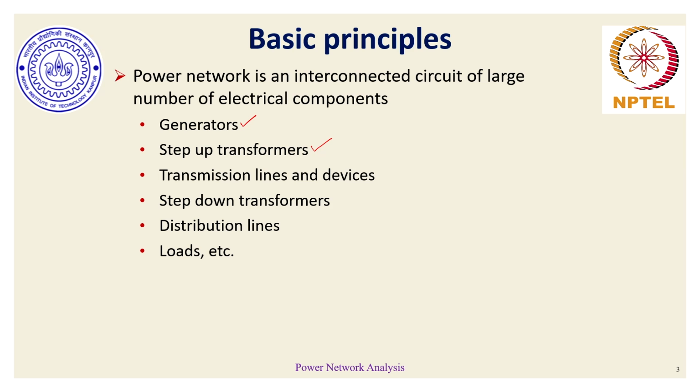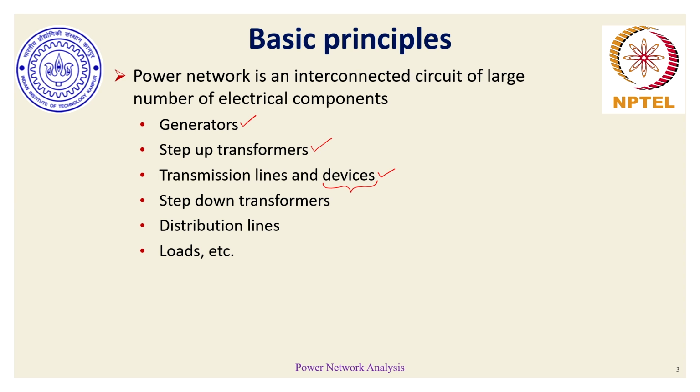This power essentially flows through the network backbone, which is formed by the transmission lines, and the devices here specifically mean the different reactive power compensation devices, FACTS devices, etc., which we will briefly touch upon as the time comes.